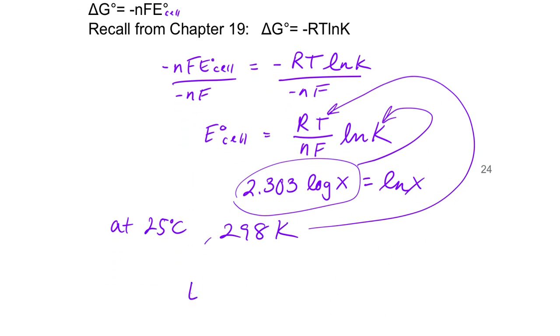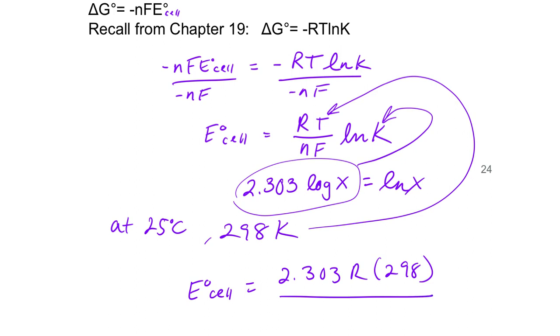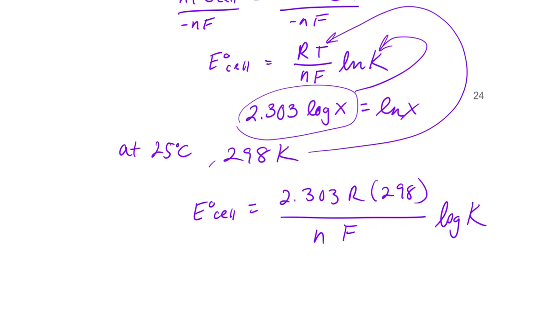The cell potential is equal to 2.303 times R times 298 over n times F, log of K. And all of this then becomes a constant.